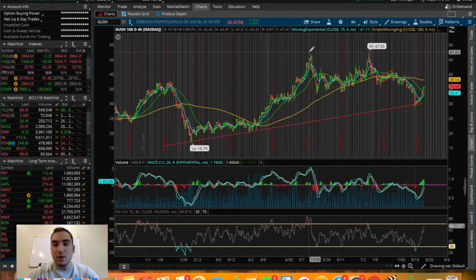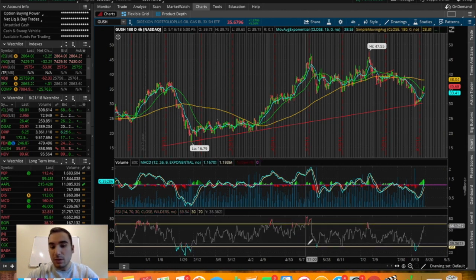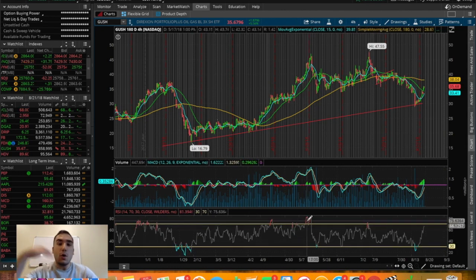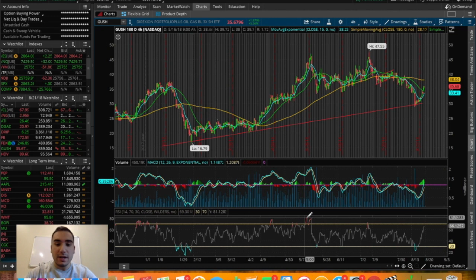And then what we notice when it peaked out at about $46.75, the RSI levels were extremely overbought. We were at 82, and with the thresholds between 30 and 70, we were even overextended in terms of the threshold, right? So completely overbought, meaning that this might not be a good opportunity to hop into the stock.